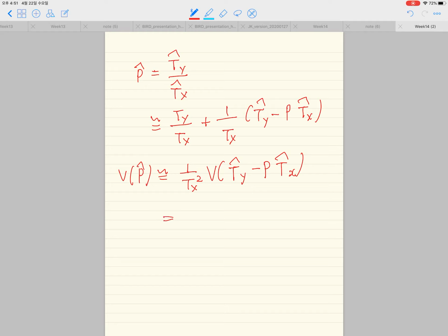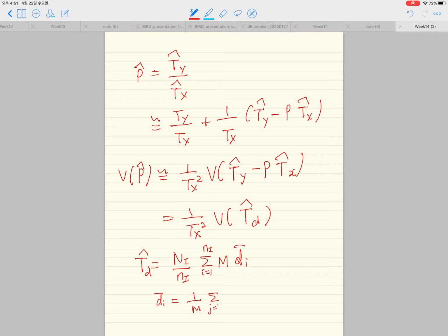So you can write it as t hat d, where t hat d is the total of the difference. That is actually N_i m times d bar i, where d bar i is 1 over m times the sum over j of d_ij, and d_ij is y_ij minus p x_ij.